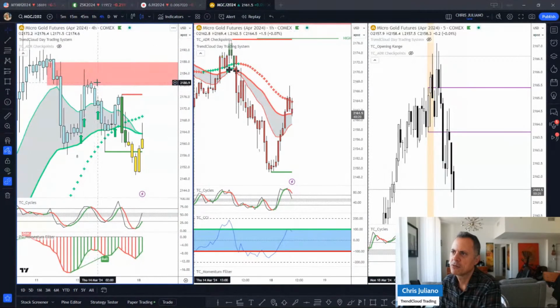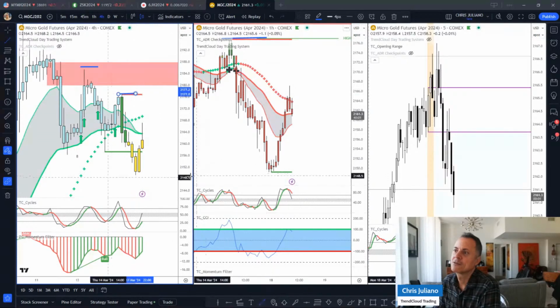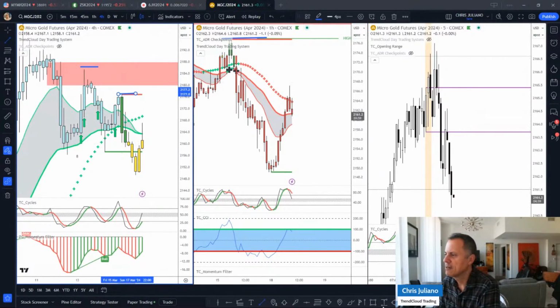Very powerful, right? Very, very powerful stuff. And it made its move down. It formed a lower high, right? Up here's your high, and then you had a lower high, right? So what could happen here?